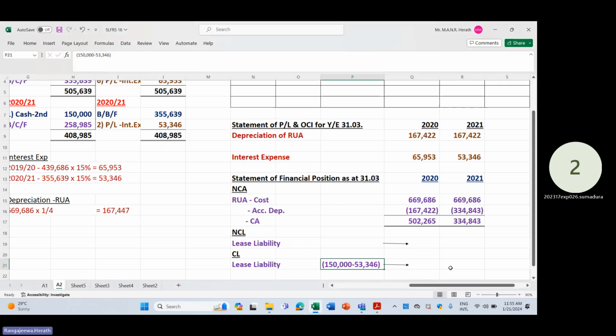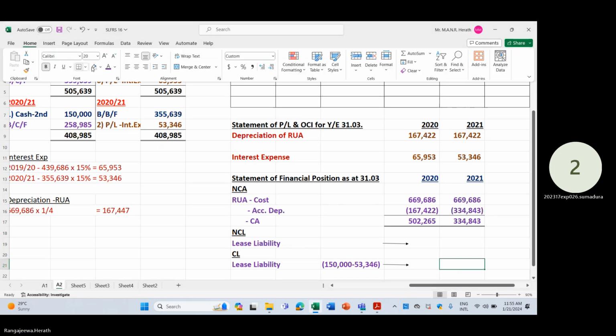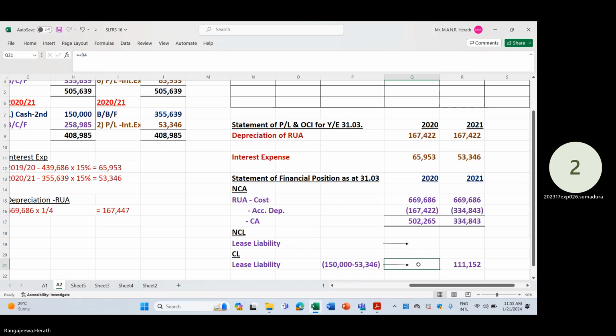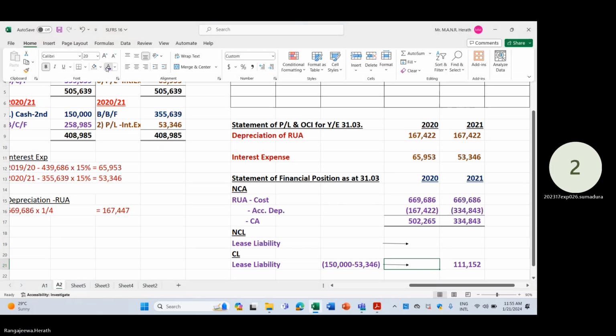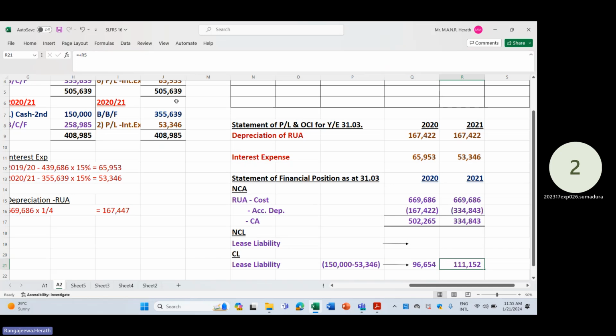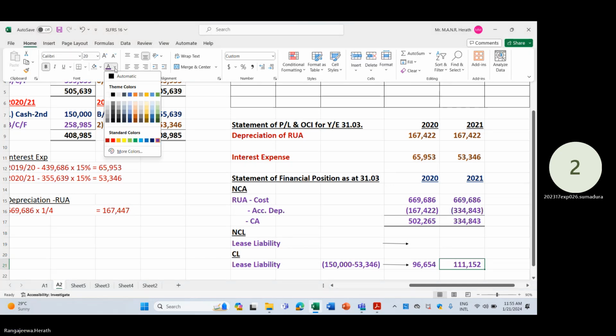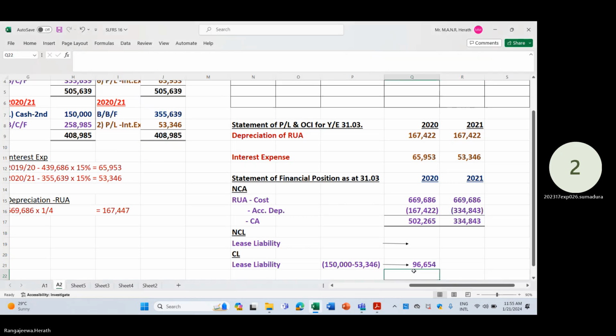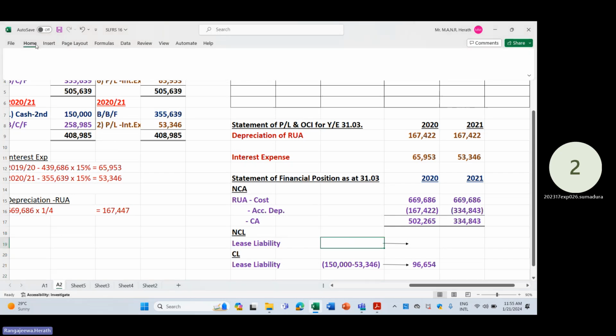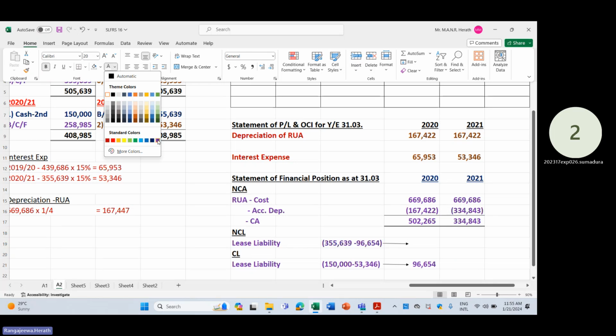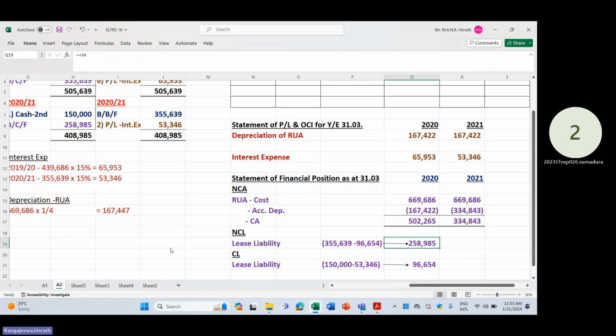So the real repayment of the liability in the next year would be 96,000. So out of the total liability 355, 96 payable in the next year is the current portion, the balance 258,000.